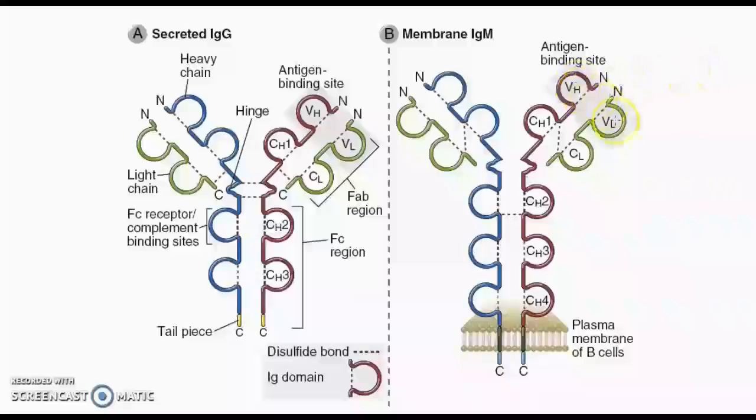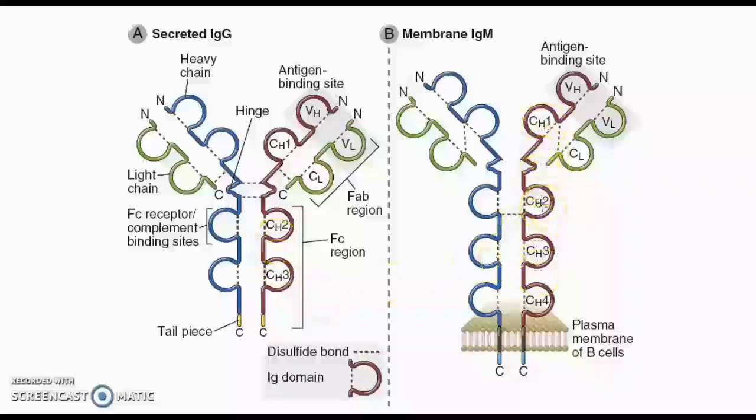The heavy chain and light chain contain variable regions that participate in the antigen binding site, and the C terminal region confers an immune function. In the heavy chain, the variable region is composed of one immunoglobulin domain, and the C region is composed of 3 to 4 immunoglobulin domains.